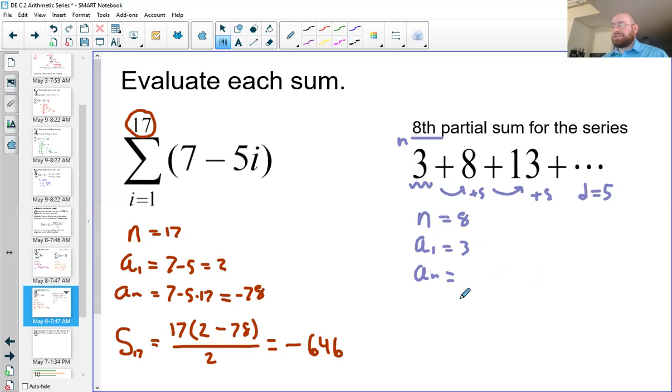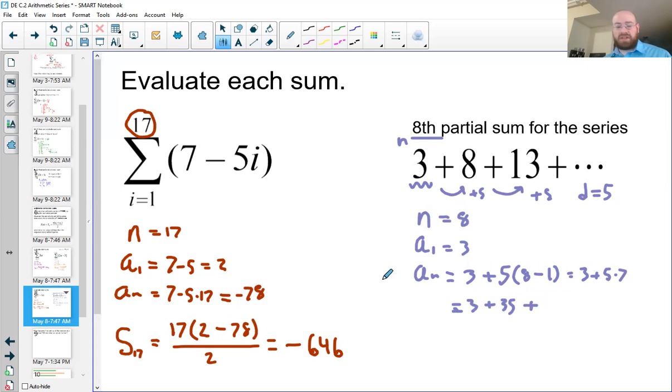So just as in our last lesson, we're going to have our first term, 3, plus our common difference times n minus 1. But remember, n is 8. So we have 3 plus 5 times 7. 5 times 7 is 35, if I'm not mistaken.